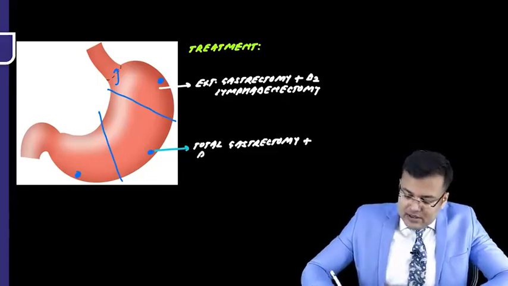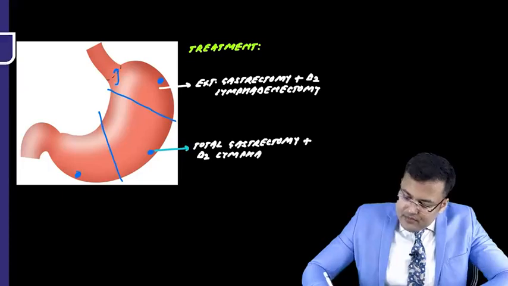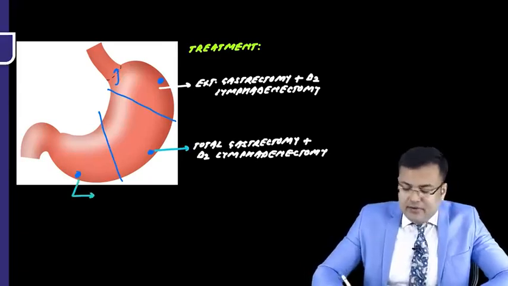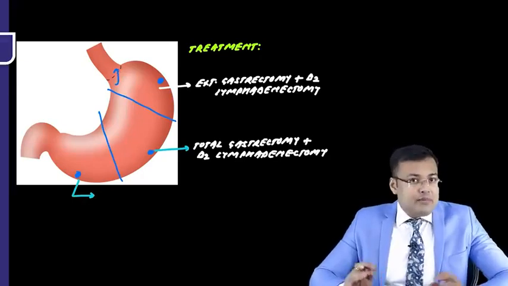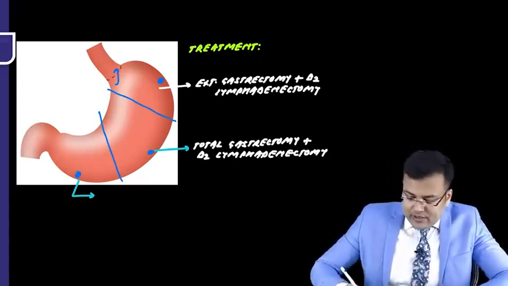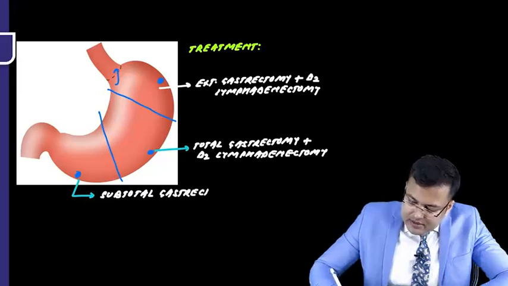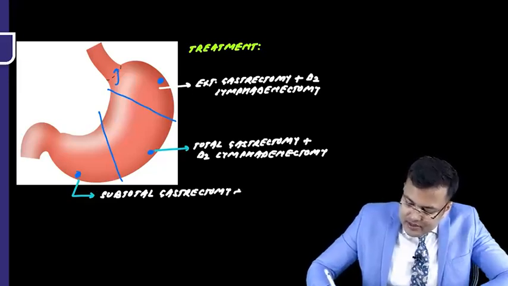Whenever the malignancy is located in the distal one-third, we perform subtotal gastrectomy plus D2 lymphadenectomy.